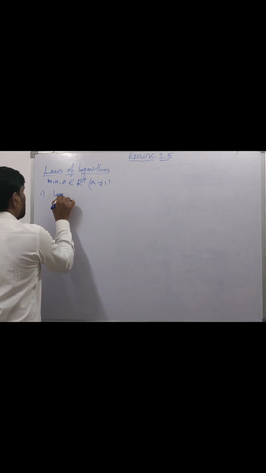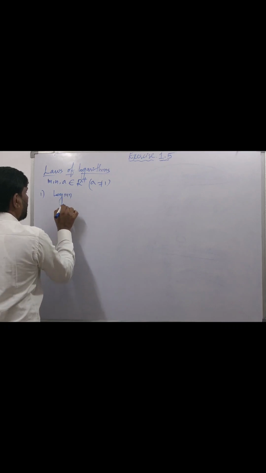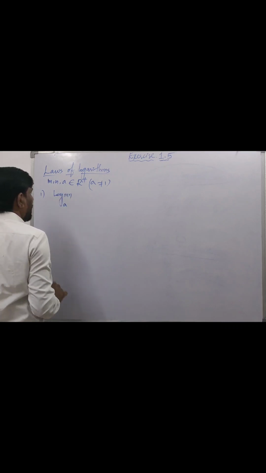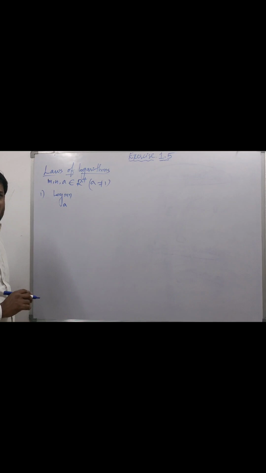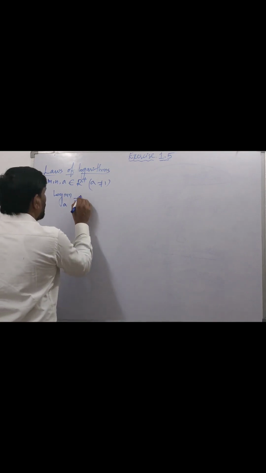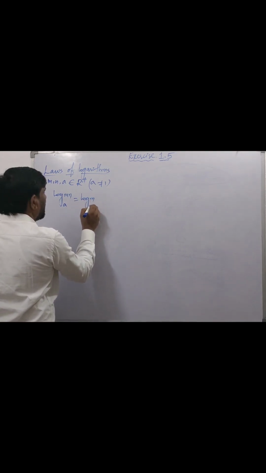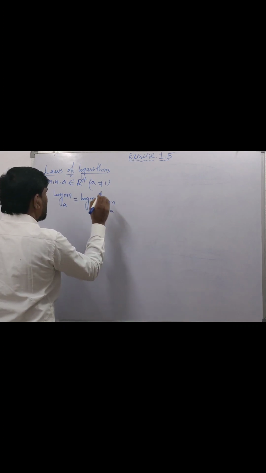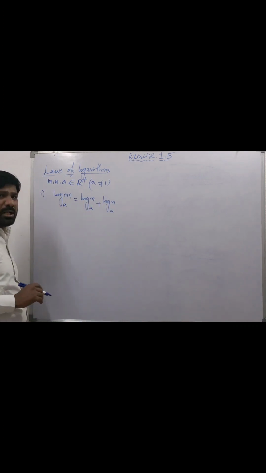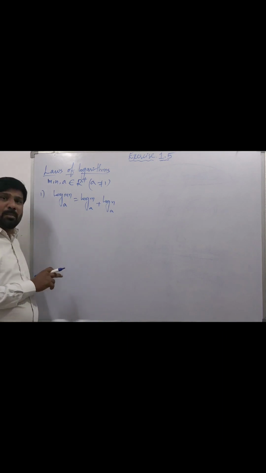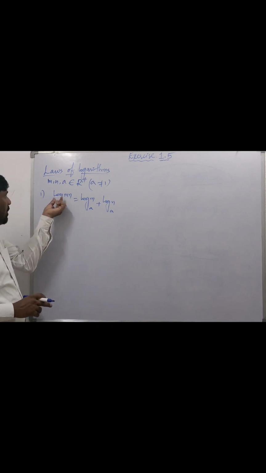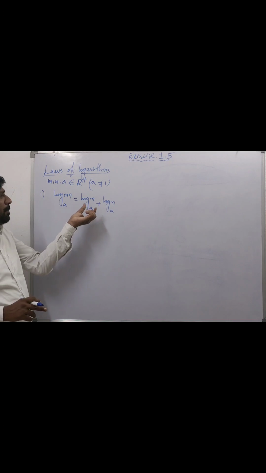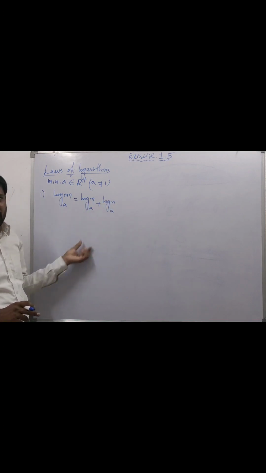Log of m into n to the base a is equal to logarithm of m to the base a plus logarithm of n to the base a. This is the first law of logarithm, or logarithm of a product. So logarithm of m into n can be written as log m plus log n. Same base you will get, right?